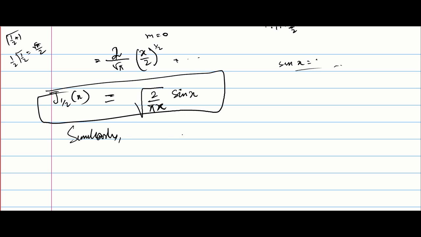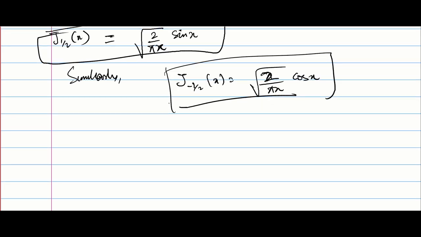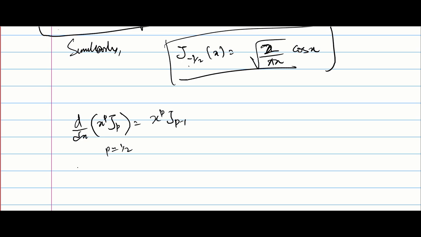Similarly we'll get J_{-1/2}(x) is root of 2 by pi x times cos x. Now we can derive this from the relation we know: d/dx of x^p Jp is x^p J_{p-1}. If we put p equals half, then we get d/dx of x^{1/2} J_{1/2} is x^{1/2} J_{-1/2}.